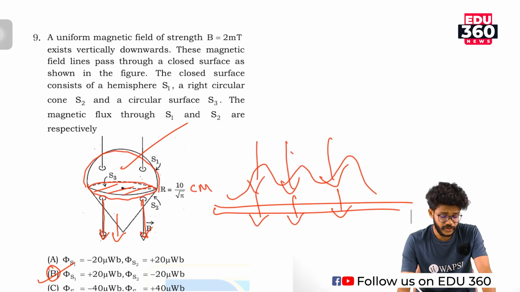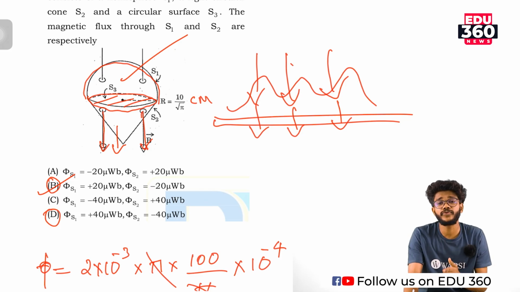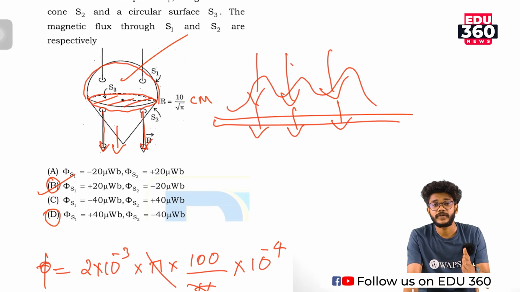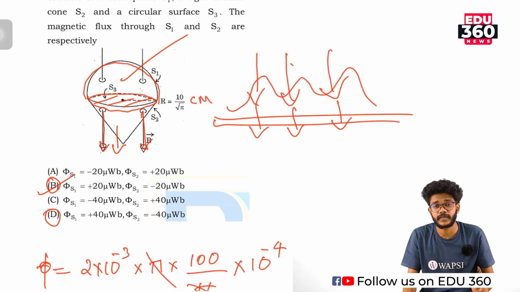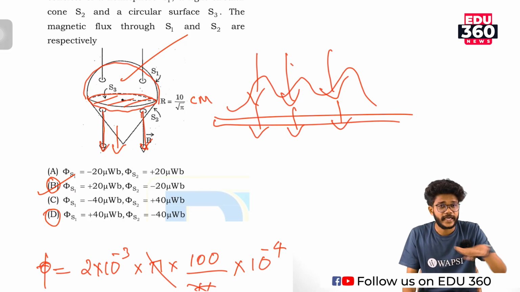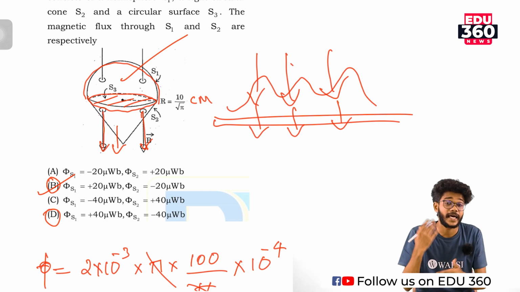In here the main point is, whatever the shape is, we can use the area in which our calculation becomes easier. If the area is a cone, don't mind that. If the area is hemispherical, don't mind that. Consider the area which is a plane, perpendicular to the magnetic field. Take that kind of area.